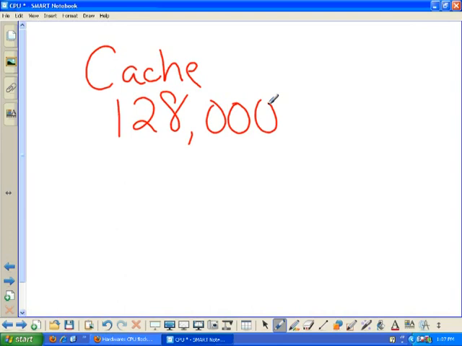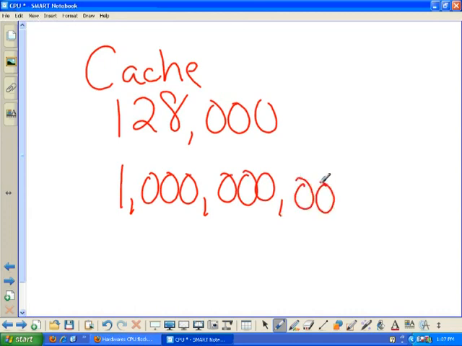This one has 128K of cache. We have to write this down. No, I'm just trying to explain the difference, what cache does. Okay, and this one has 1 meg of cache. I made too many zeros. I'm a little too big there.